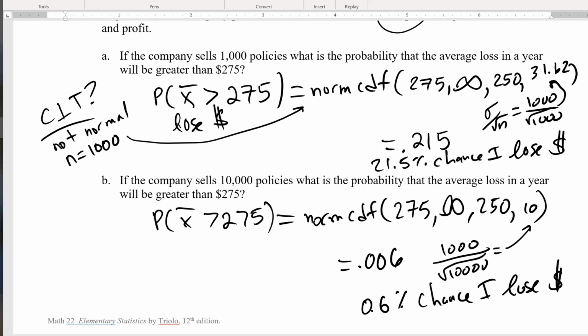Well, up here, our average was 250, and each standard deviation was 31. The next one was 281.62. Where's 275? Well, kind of close to the 281. So this was our probability of losing money.